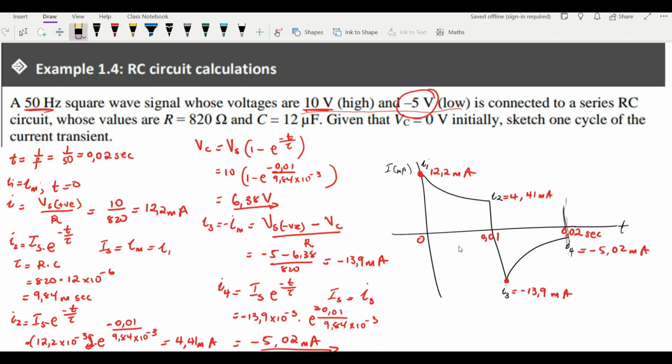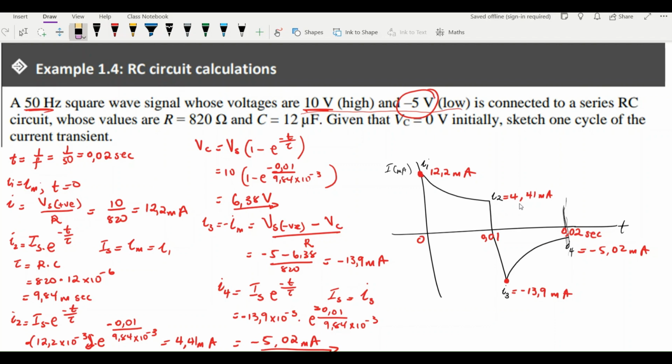Remember, in an RC circuit, when the capacitor is charging going up, the current drops. Hence the maximum being at 12.2 and the minimum being at 4.41, but we would not charge it fully because we want to see just one cycle. And we've already found out that half of that one cycle would be 0.01 seconds, taken from the 0.02 seconds of the full cycle of this diagram.